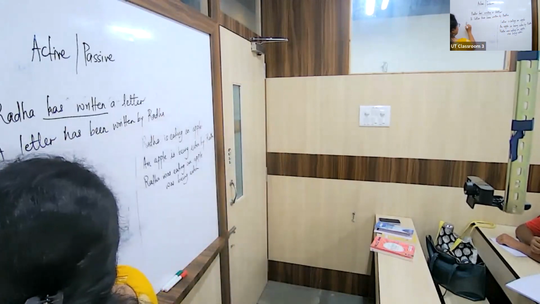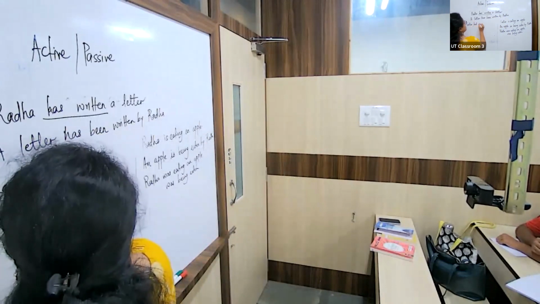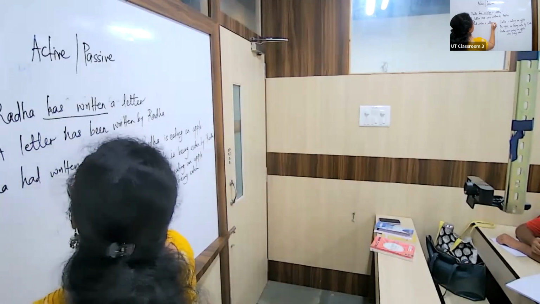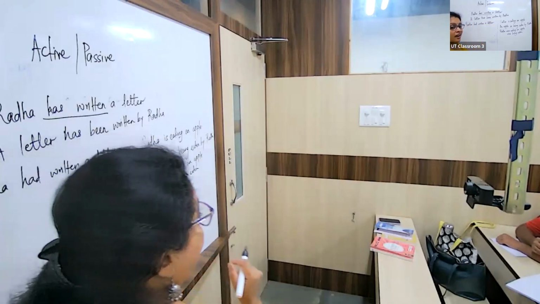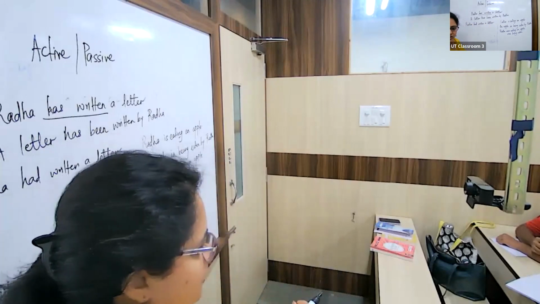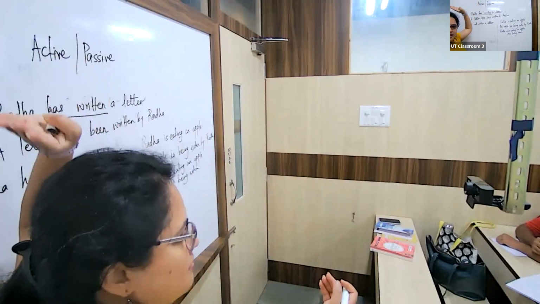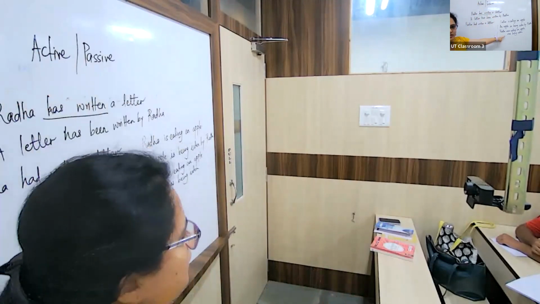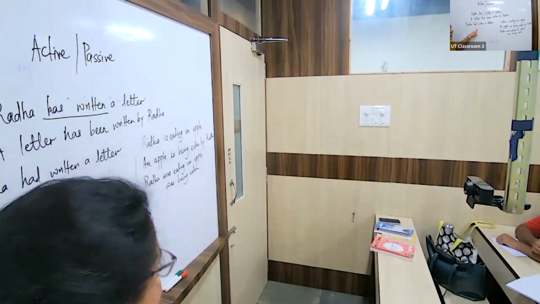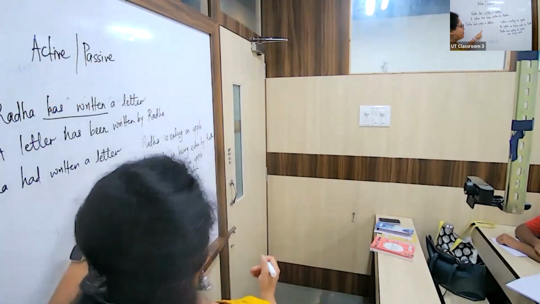And if Radha had written a letter, how will it come? So had been. If it says was, it is either simple or continuous. What is the tense here? Had. So a letter had been written by Radha.